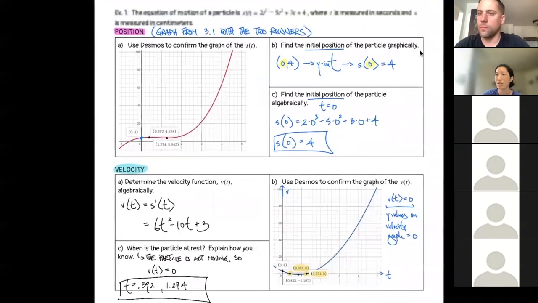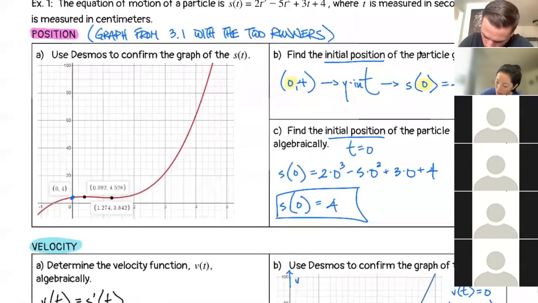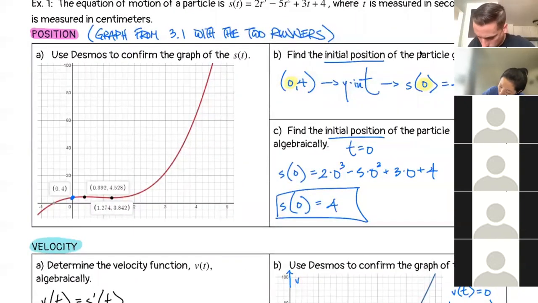So one suggestion I have is to make sure you know what the y-axis is telling you. So in velocity, this is velocity. But if I were to go back to the position function, I would say that this axis is position and this is time.